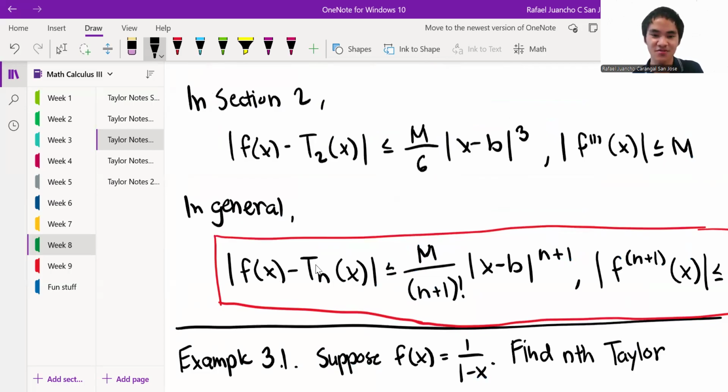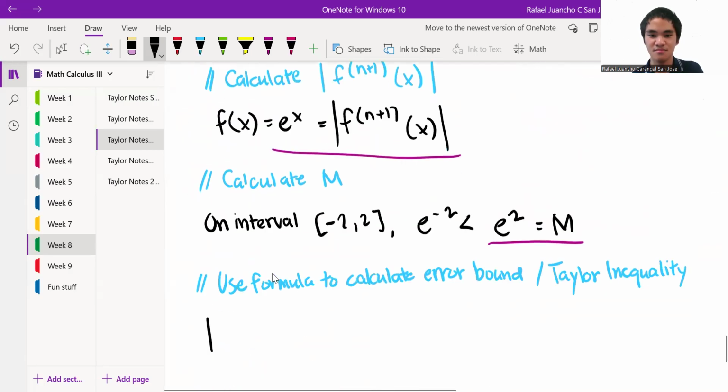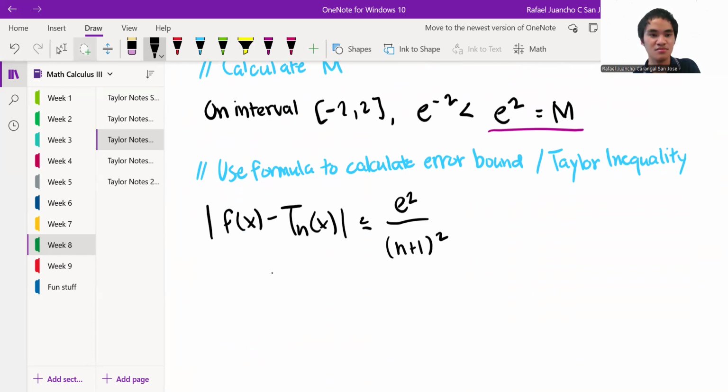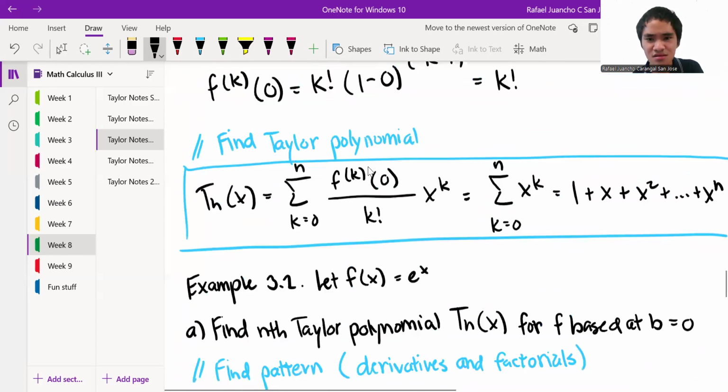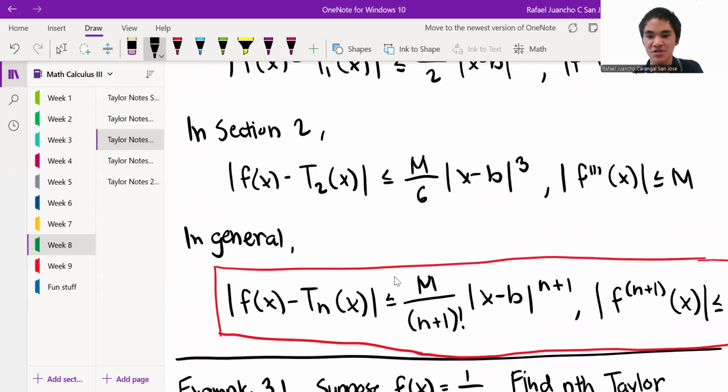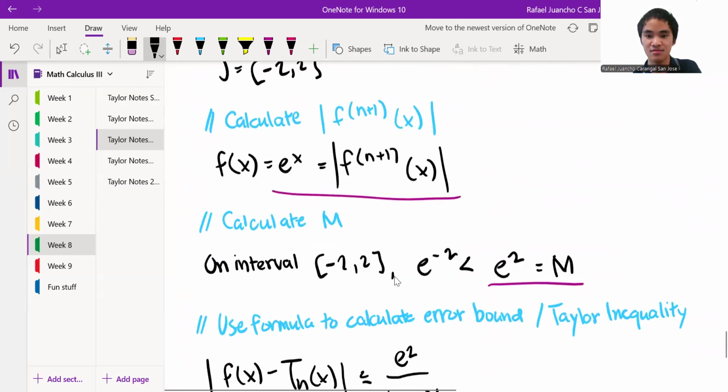So my f of x, or my e to the x, minus my Taylor polynomial T to the nth, is less than or equal to my m, which is e to the 2, divided by n plus 1 factorial, times the absolute value of x minus b to the n plus 1.